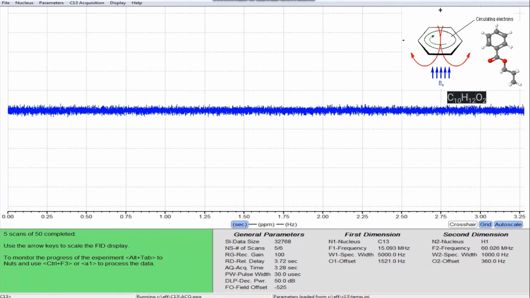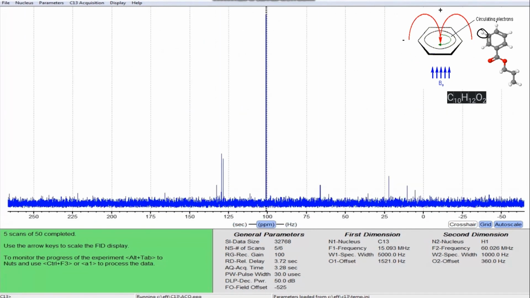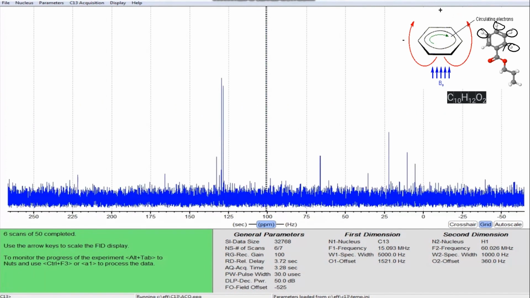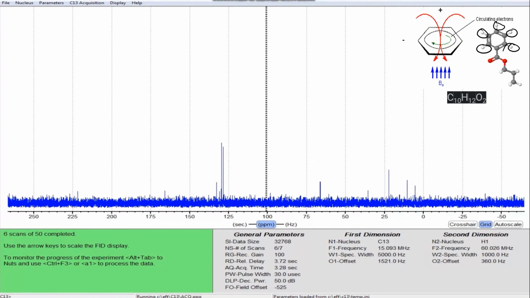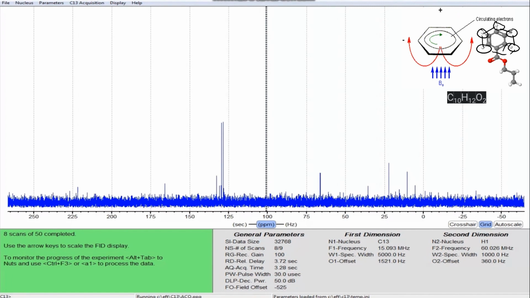Spin coupling refers to a magnetic interaction with other magnetic environments, and this is because hydrogen is exerting its own spin. Now, if we consider a benzene ring where we have a cyclic motion of electrons, it induces its own magnetic field.